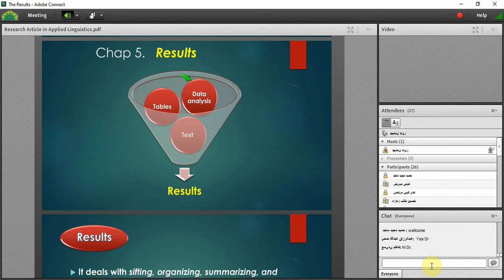The results section usually has some tables including the results of the test, showing the mean scores, the standard deviation, the percentages, okay? And then we should use some text after the tables to show the significant relationship between all those numbers in the tables.